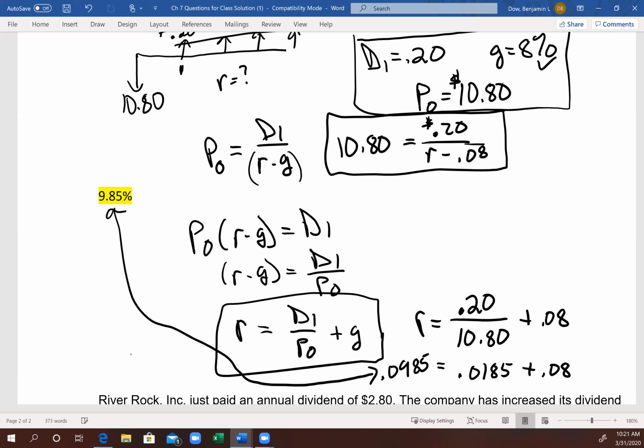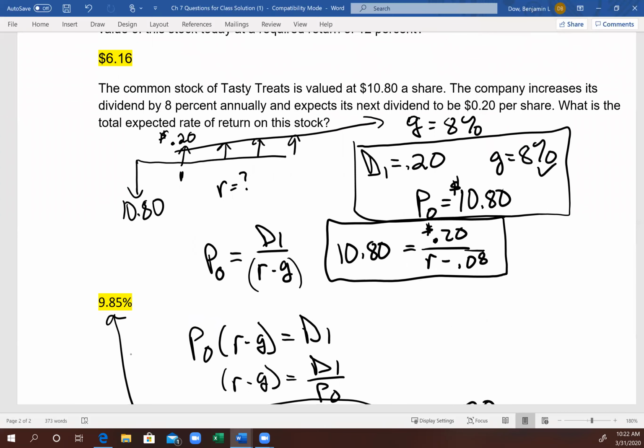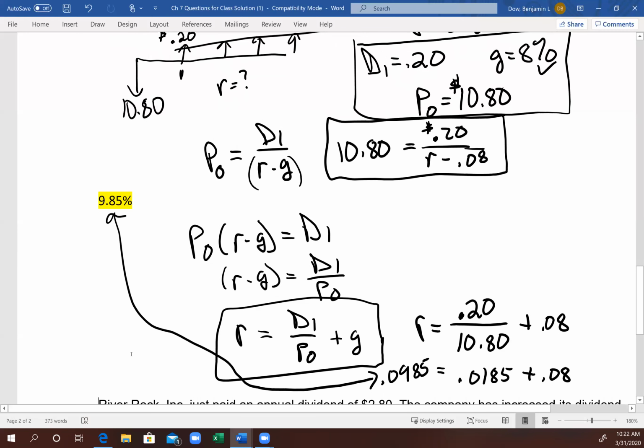Then R is just D1 over P0 plus G, and we can solve for the required rate of return given these assumptions provided above.